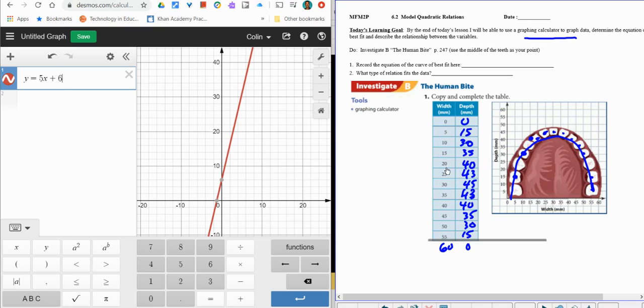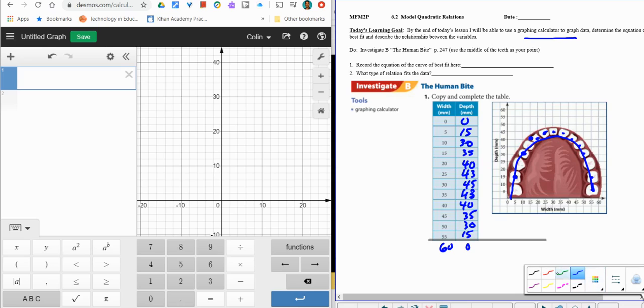But quadratics are a little different. Quadratics would be in a different form. Remember, looking over here on the right again, quadratics have the form y equals a, some number, x squared, plus b, some number times x, and then plus c.